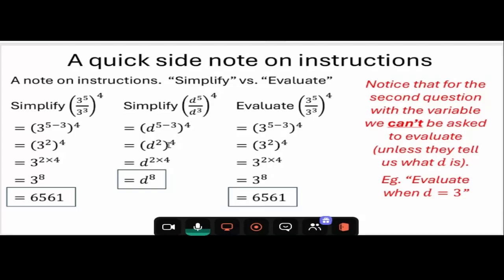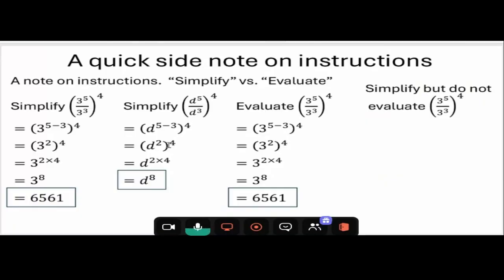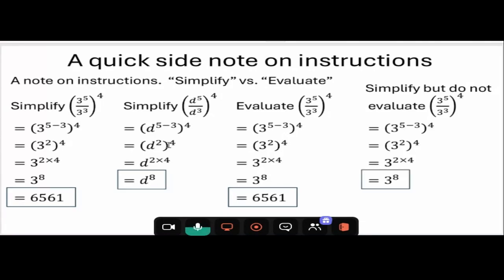And then the last weird little instruction you will sometimes get, especially at the start of a unit, the one that we've been giving so far here in this lesson, is sometimes they will say simplify, but do not evaluate. That means you get down to 3 to the power of 8, but you don't actually turn it into a number. You won't run into that often on tests. That's usually at the very start of a unit when they want you to practice these steps here, but they don't really care about that last step there.